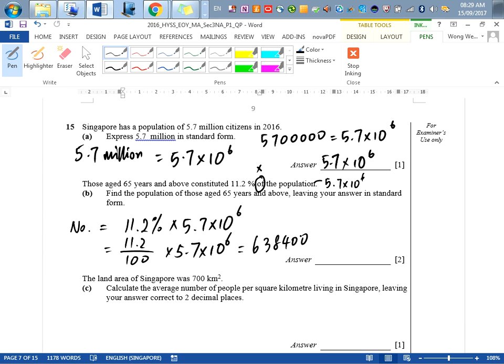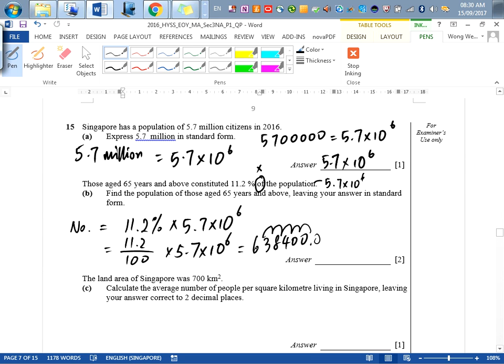No, this is not in standard form yet. When you want to convert to standard form, you must find the decimal point. Where's the decimal point? There's a decimal point here, right? So now I must move my decimal point. Move it to where? 1, 2, 3, 4, 5. I stop here. Why do I stop there?